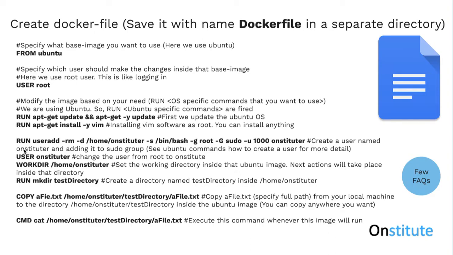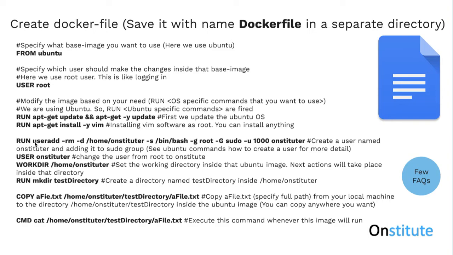The same way, here we are trying to create a user named Onstitute and adding it to the sudo group. If you search over the internet, you can easily find that this useradd -rm -d followed by all these different things is nothing but the command to create a user in Ubuntu.